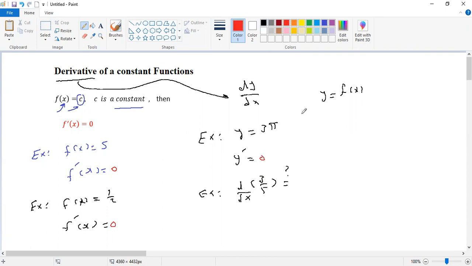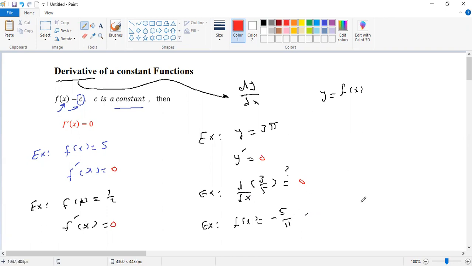Equal to 0. Why? No variable. The function output is 3/5 always, no x. So 0, constant function.